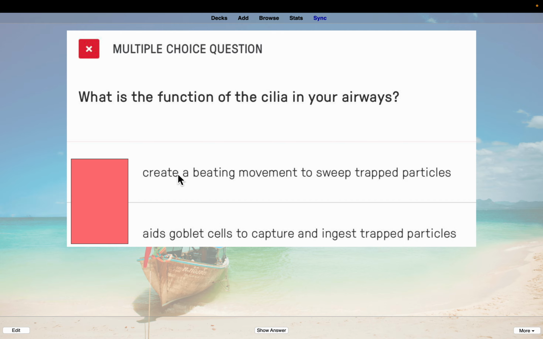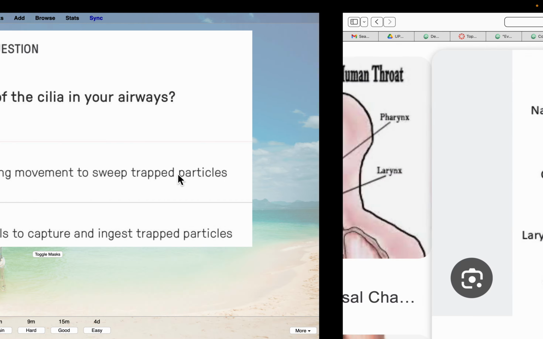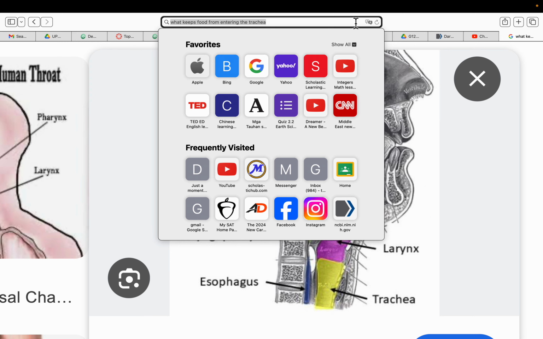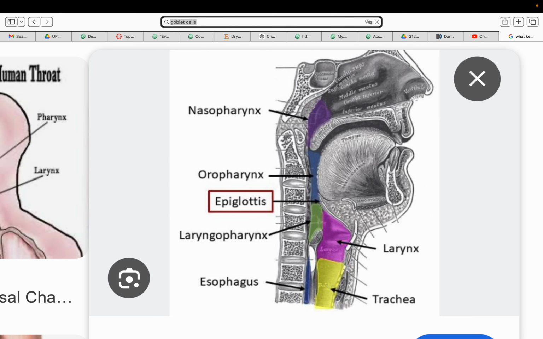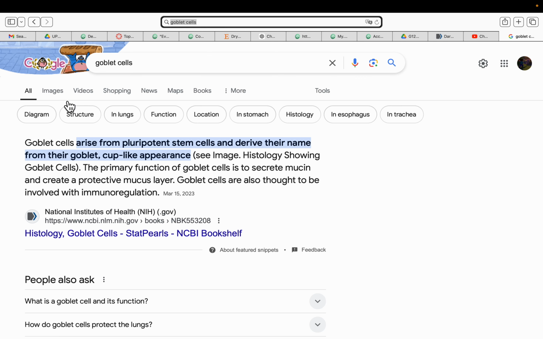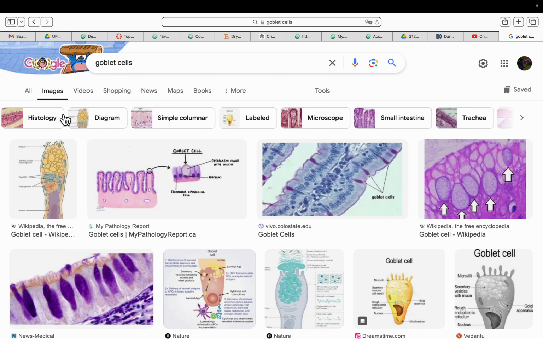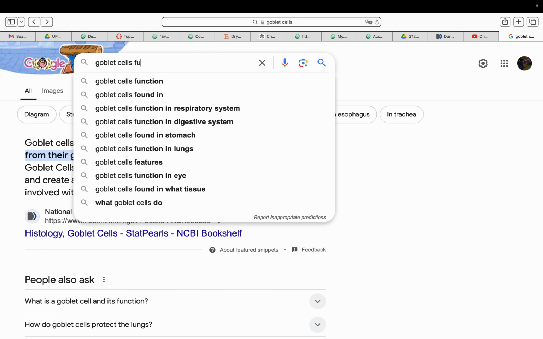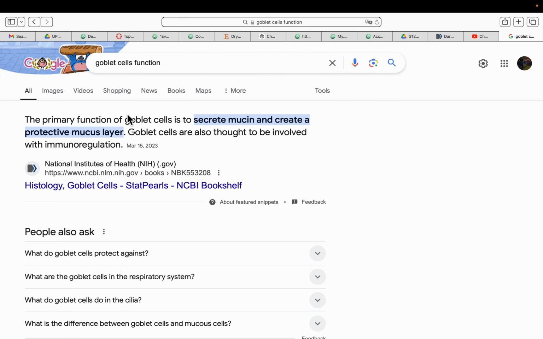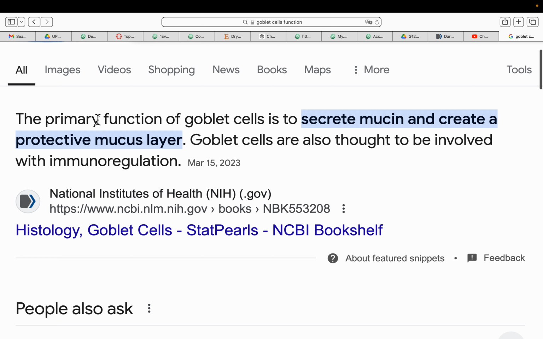Okay, I think it's statement A. Is it? Yeah. In what context do we see goblet cells? So I think, okay. Secrete mucin and create a protective mucus layer. Immunoregulation.